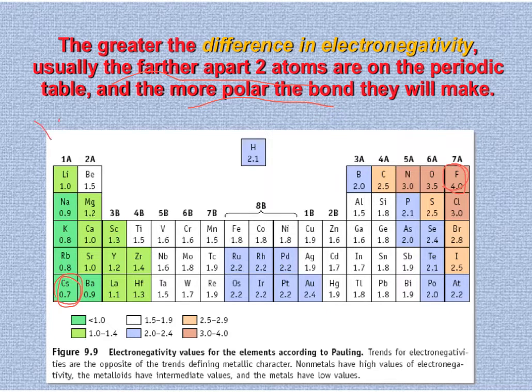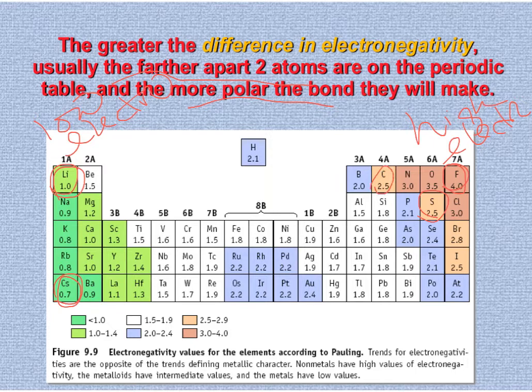Because we have low electronegativity in general on the left side of the periodic table and high electronegativity on the right side. And so if you randomly pick an atom from the left side and an atom from the right side, you're going to get a polar bond. And the farther away from each other they are, the more polar they are.